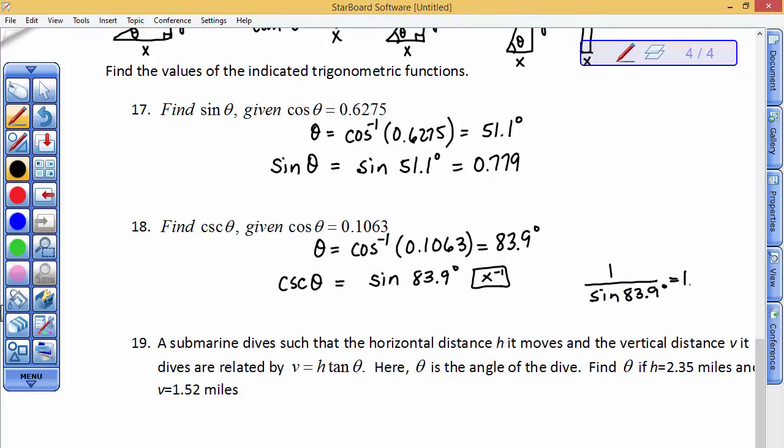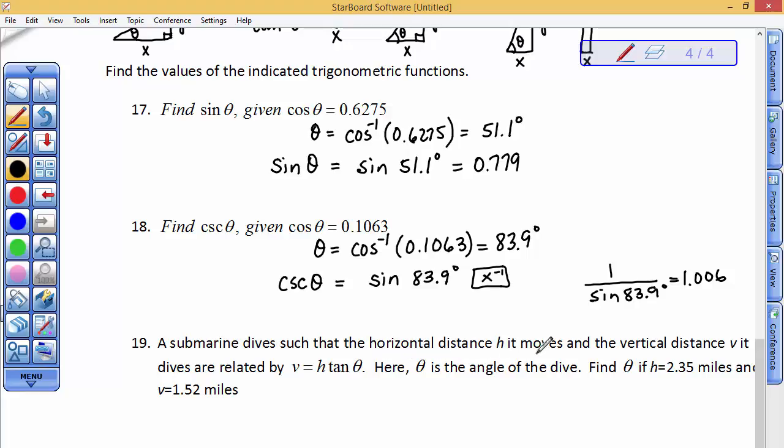Okay, finally, this next problem: a submarine dives such that the horizontal distance, h, it moves, and the vertical distance, v, it dives, are related by this formula. This is kind of a physics thought, and we'll develop this towards the end of this chapter. Here, theta is the angle of the dive.